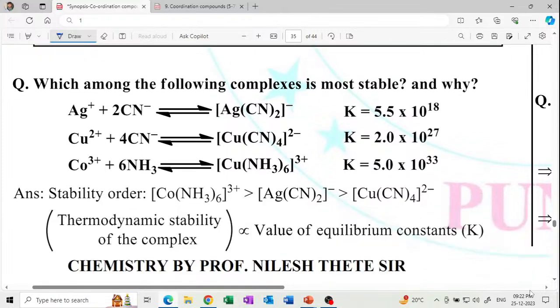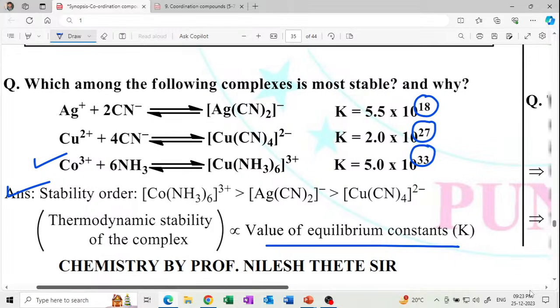Okay, this is one of the questions, where the values are 27, 33 and 18. So this is most stable. This is the value of the stability constant. The higher the equilibrium constant, the complex will be more stable, most stable.